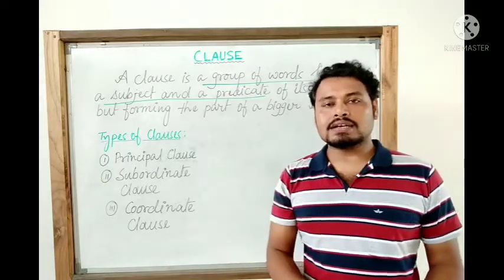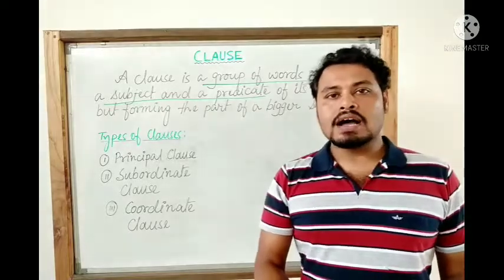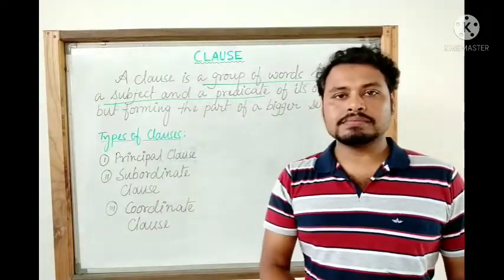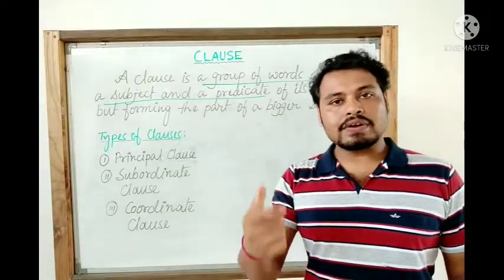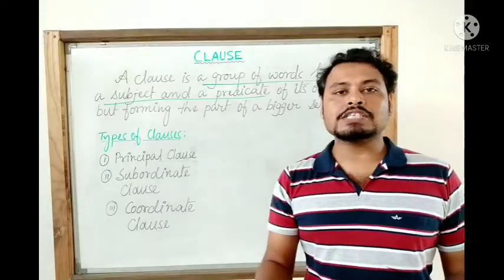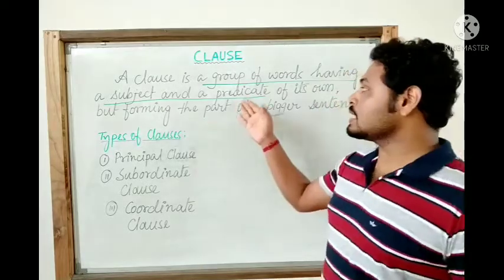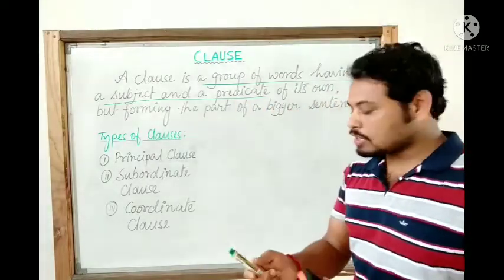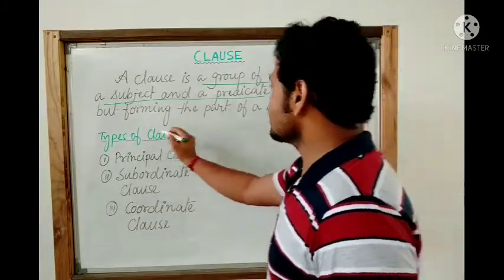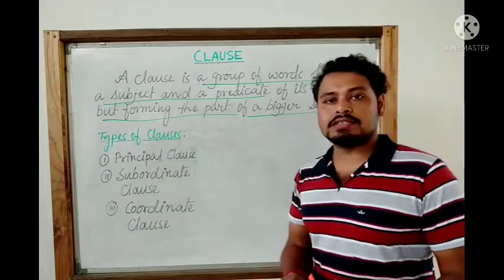So some may say that definitely a clause is a sentence, so there is no difference between a clause and a sentence. But yes, there is a difference, and that difference is very much prominent, and which is indicated by the latter part: but forming the part of a bigger sentence.